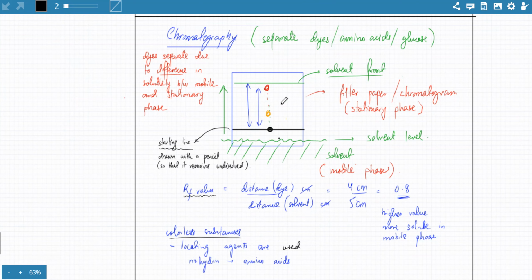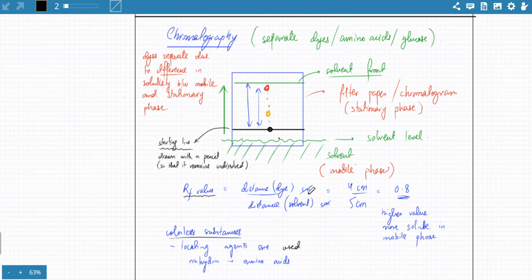So as the water gets soaked into the filter paper, the dye travels with it. Yellow dye is not traveling a very large distance, so that means it's either heavy or it's not getting absorbed by the water. So it's not moving along with the water. The solvent is called the mobile phase because it's moving, traveling and soaking the filter paper. The filter paper is your stationary phase.